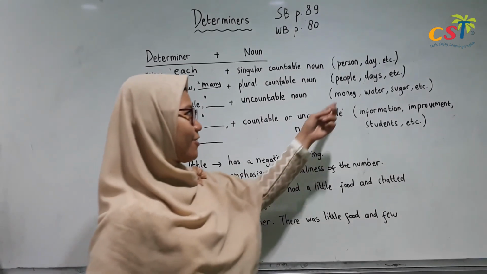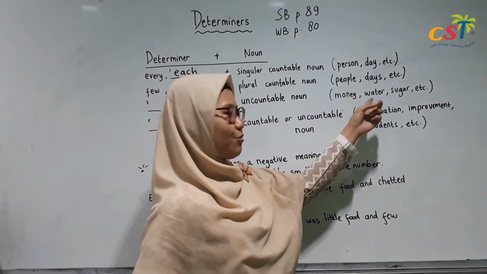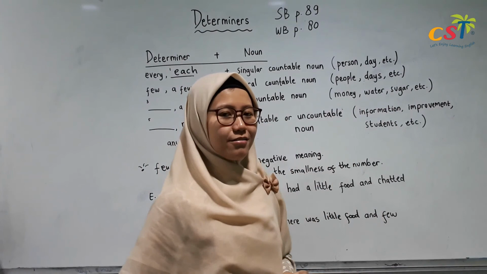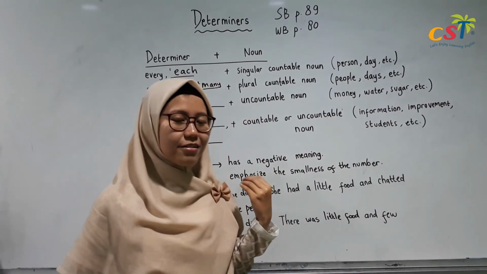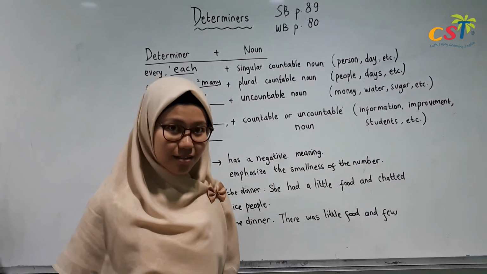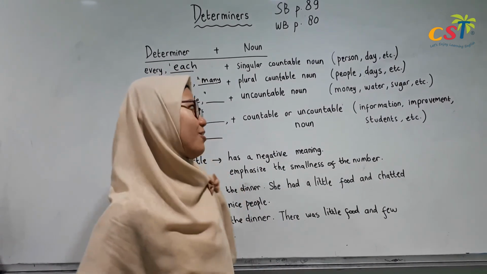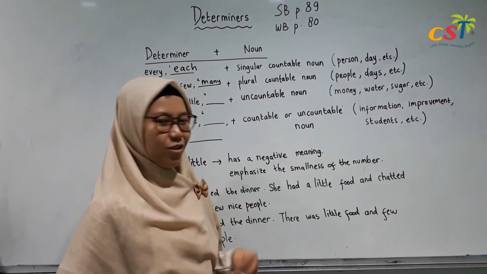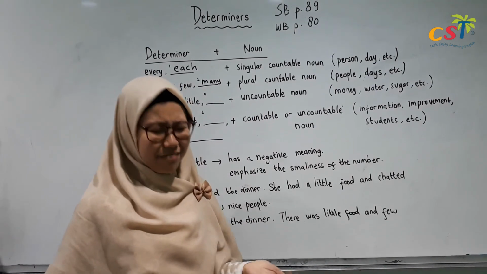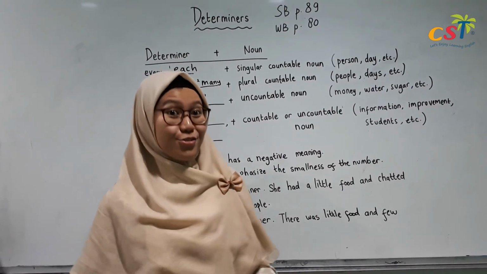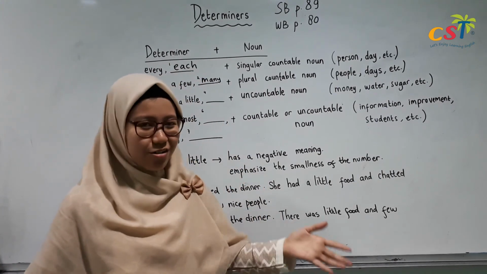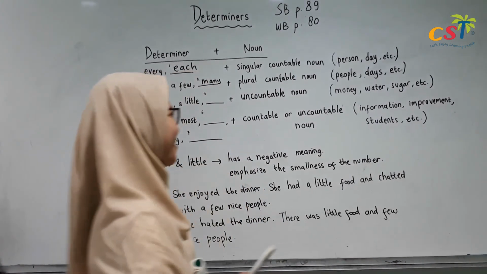Next, for the uncountable noun. The examples are money, water, sugar, hair, and salt. Something that you cannot count one by one, we call it uncountable. You cannot count sugar, right? Yeah, you can, but do you want? Of course not. So that's why we just say sugar, water, things like that.